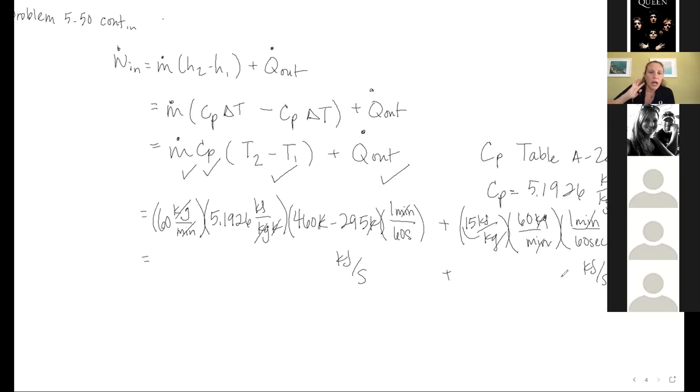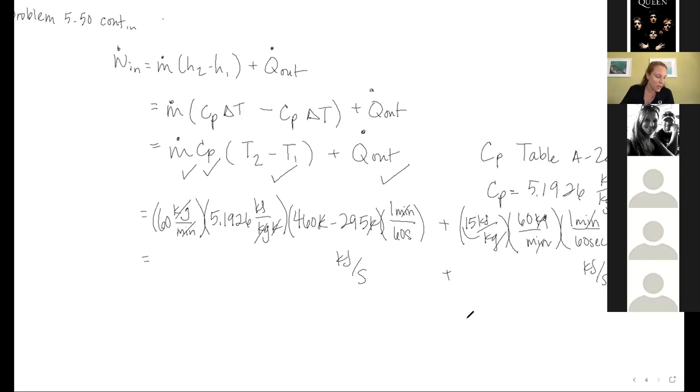I won't ask you to make this leap on the exam, where you have to assume that you need to multiply this by your mass flow rate. I'll give you your Q out in terms of per time. But here, in order to get it per time during this compression, we need to assume that the mass flow rate plays into the energy loss during that time.